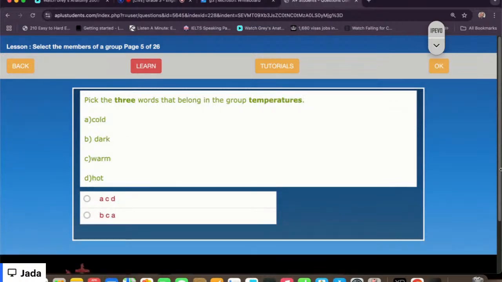So three words that belong in the group temperature. What are the three words here?